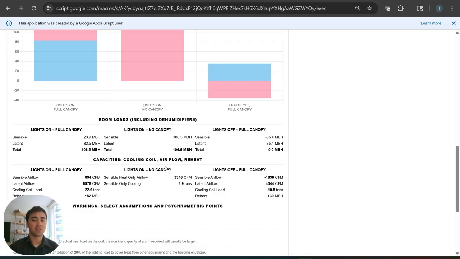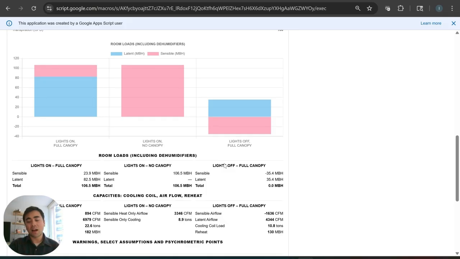So I take the results here with a grain of salt. This airflow is calculated based on the room temperature entered above plus 5 degrees, so instead of the 75 degrees I entered, it's based on 80 degrees entering and again 50 degrees leaving, calculating the airflow needed to remove this sensible load.